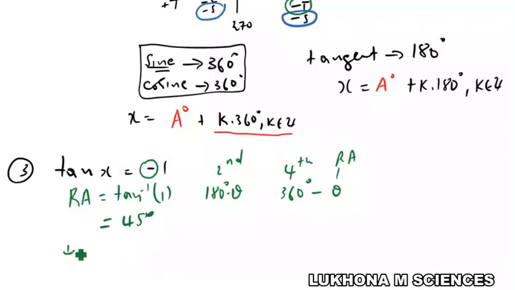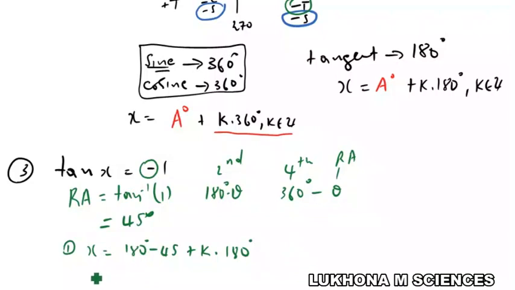So the first solution will be on the second quadrant where tan is negative, where x is equal to 180 degrees minus 45 plus k times 180 degrees, where k is an element of integers.